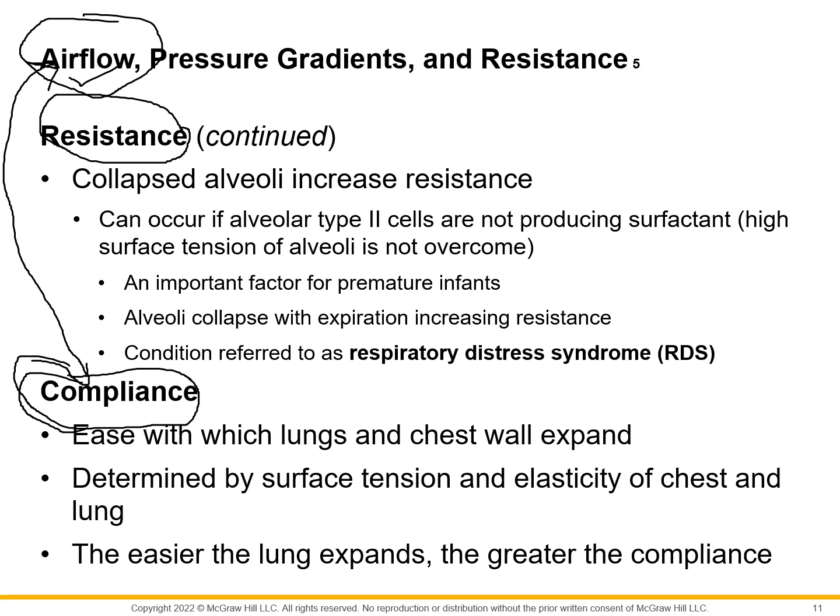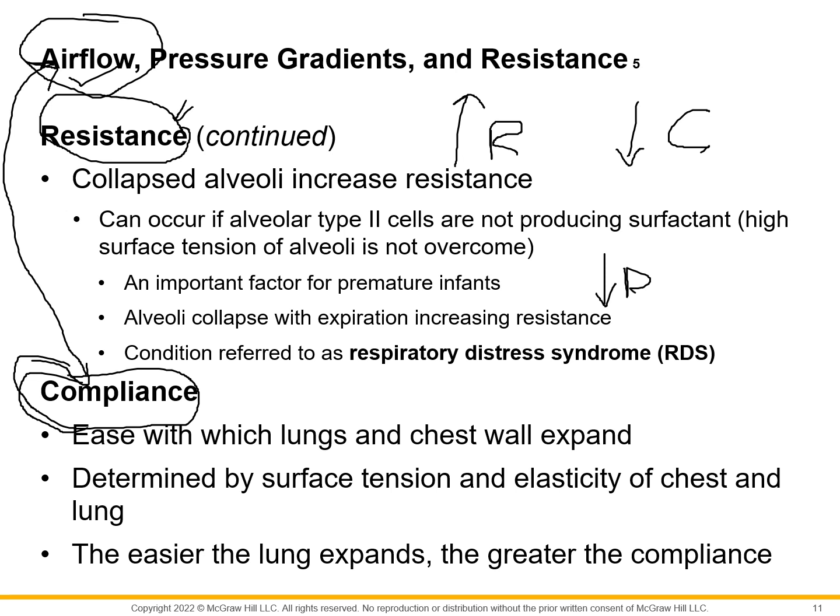If any of those variables from the previous slide happen, so you lose alveolar volume, your alveoli collapse, or you are unable to expand and contract your chest because the altitude changed or your muscles aren't working anymore, that is when resistance creeps in. So increased resistance equals decreased compliance.